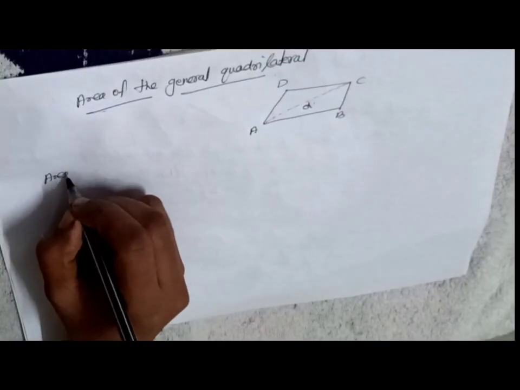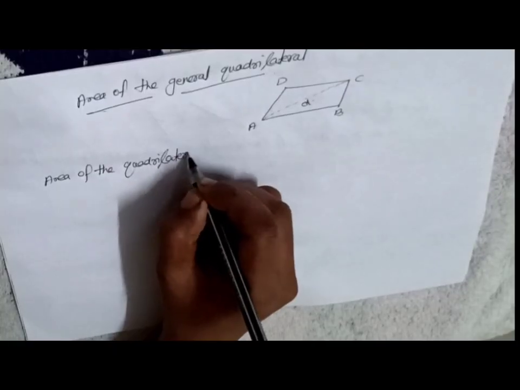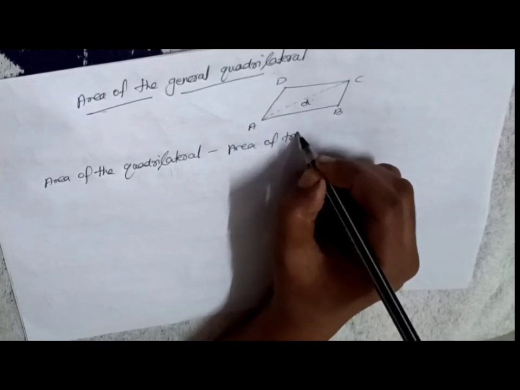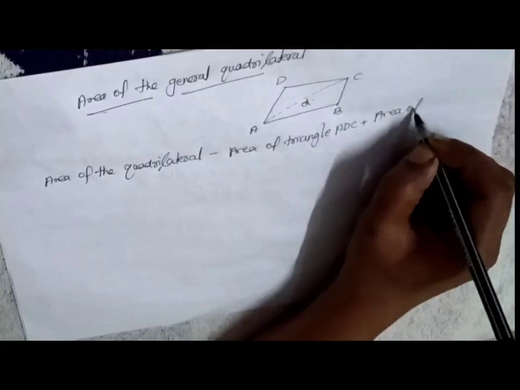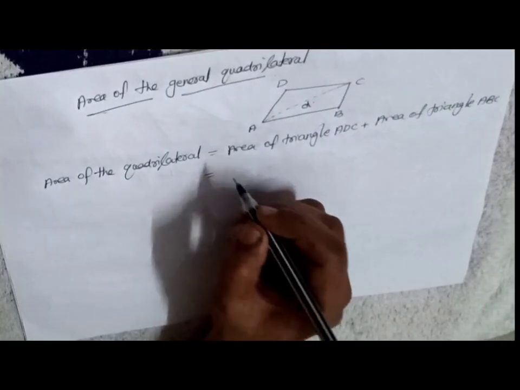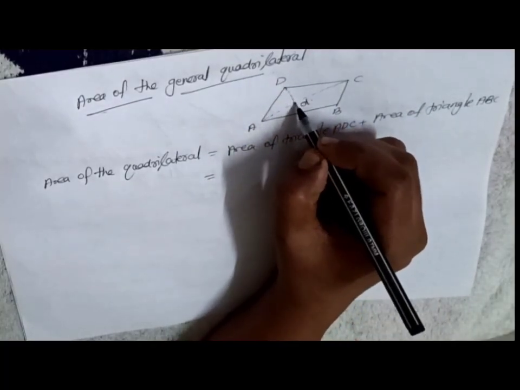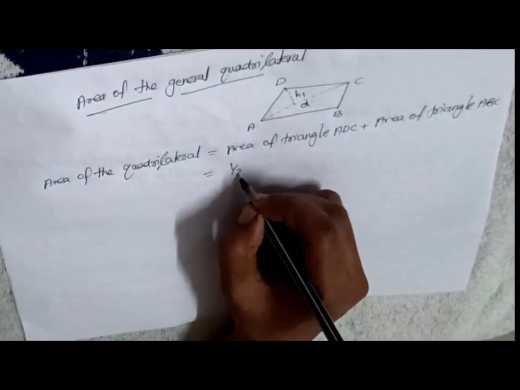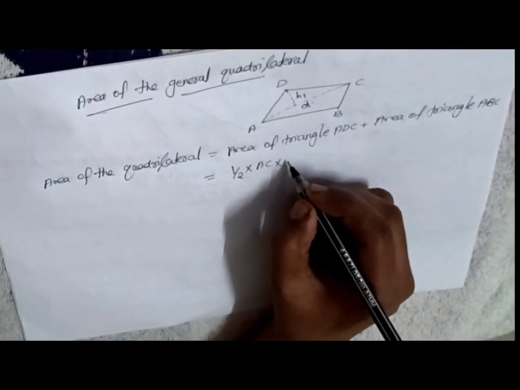Therefore, the area of the quadrilateral equals the area of triangle ADC plus the area of triangle ABC. In the case of triangle ADC, H1 is the height and AC is the base, so its area equals half into AC into H1.